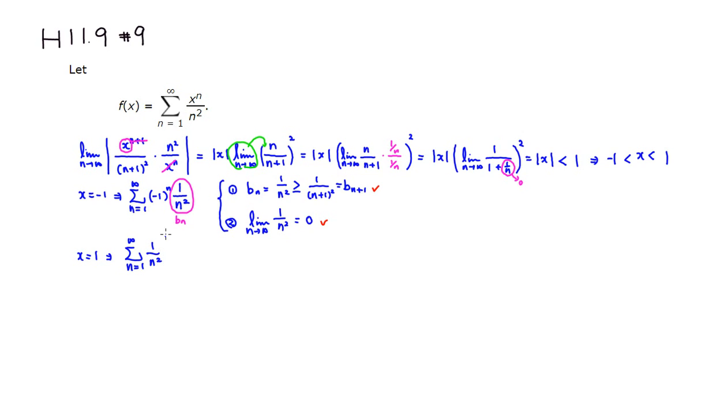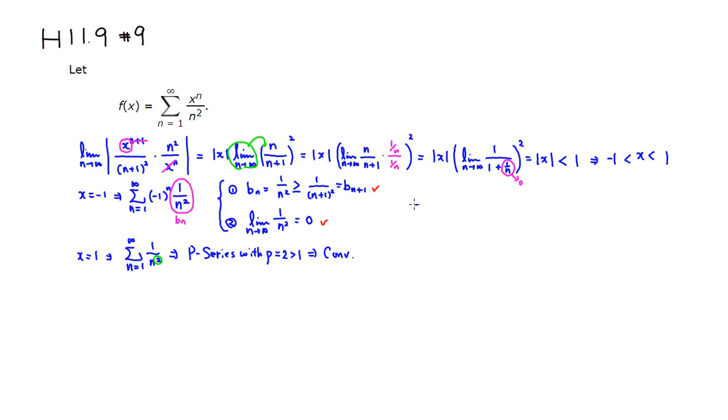This is a p-series with p equals 2, the p value is right here, which is greater than 1, which means that it's going to converge. So it's going to converge at both ends.